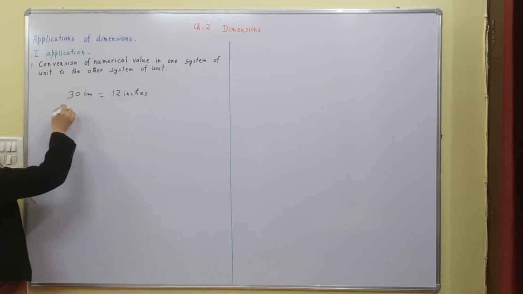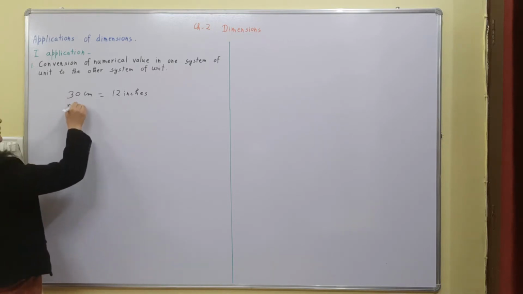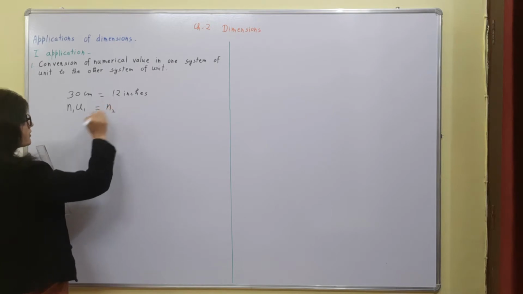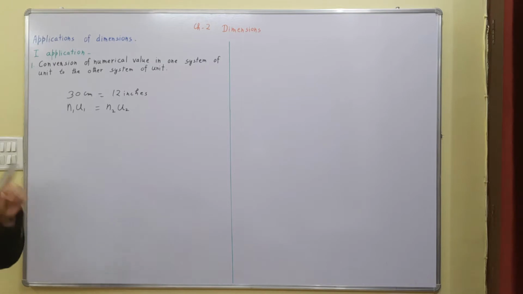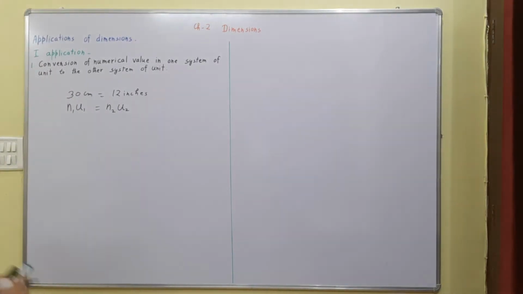So you can say that the numerical value in one system multiplied by the unit of that system is equal to the numerical value in the other system into the unit in the other system. This is the concept used here to find this method, right?